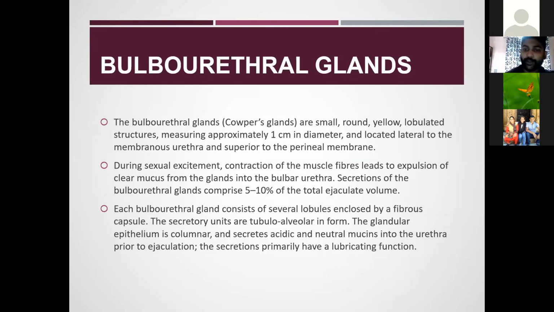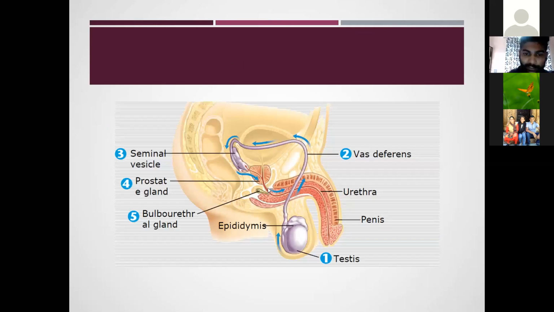It is a small, yellow, lobulated structure, approximately 1 centimeter in diameter, located lateral to the membranous urethra and superior to the perineal membrane. You can see here, it is the bulbourethral gland.